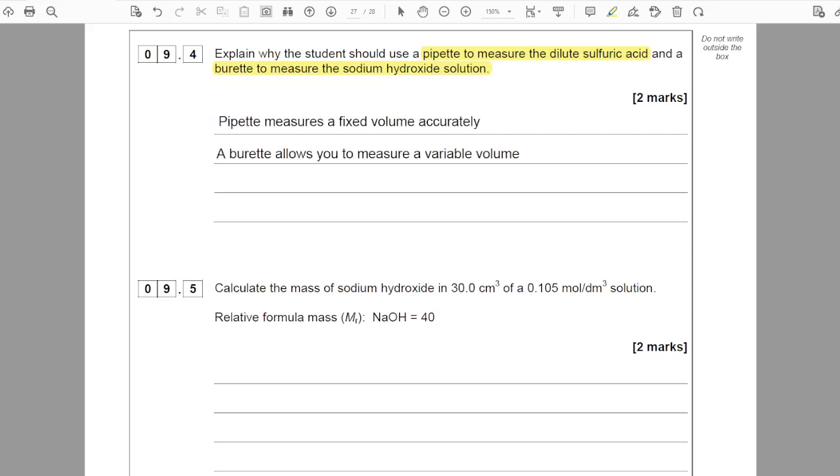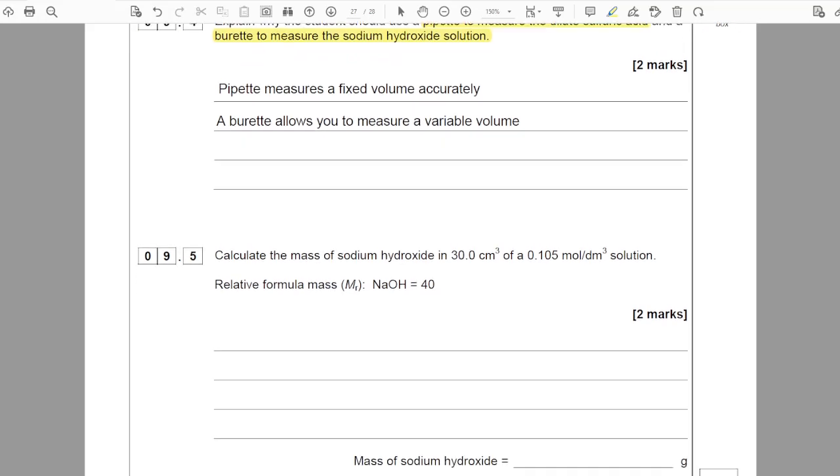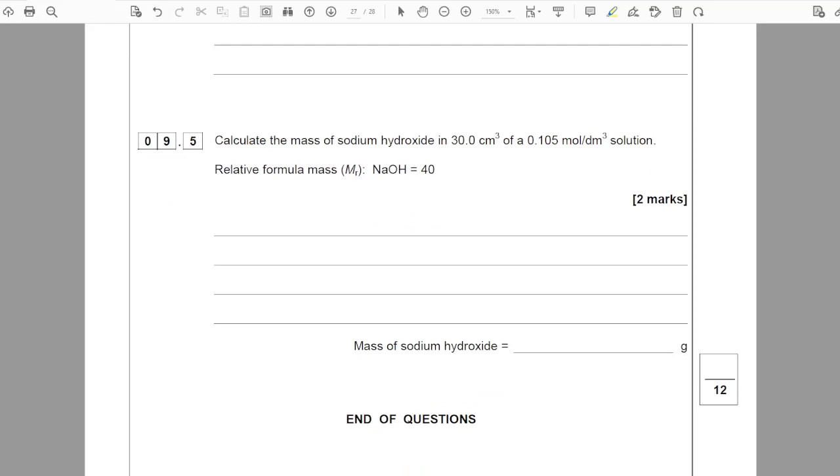And a burette allows you to measure variable volumes accurately. So we can measure the amount of sulfuric acid needed to neutralize the sodium hydroxide very accurately. We can even use the burette to only allow drops of sulfuric acid to go into the sodium hydroxide solution.